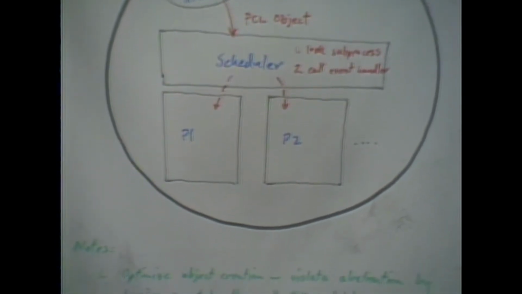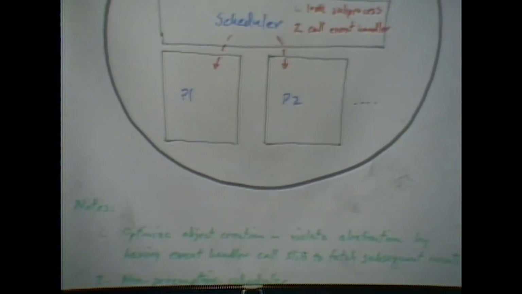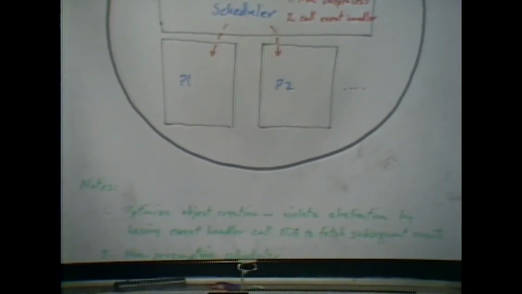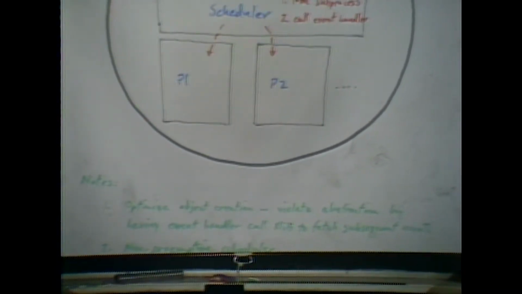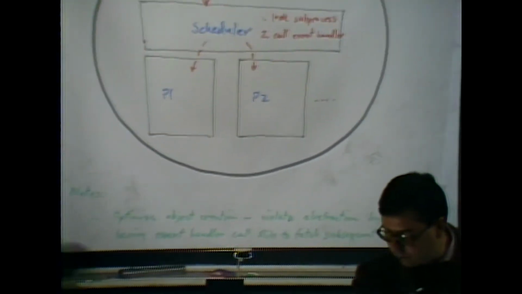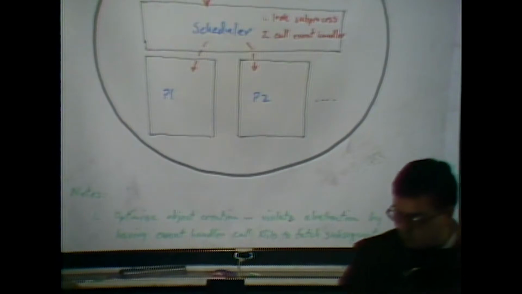Now that works fine for events that don't happen real frequently, but for events like pressing the key, if you had to create a PCL object and do a method call on every key pressed, the 8800 would be reduced to rubble in terms of performance.